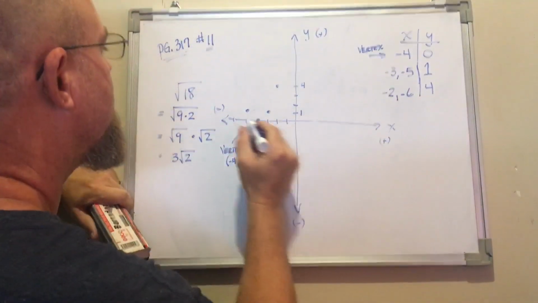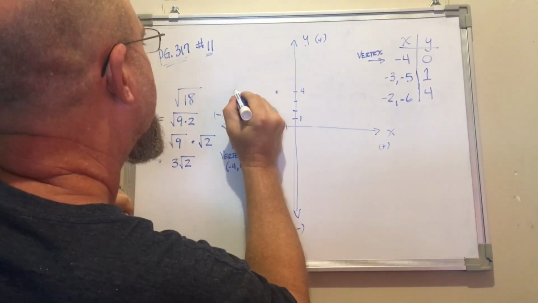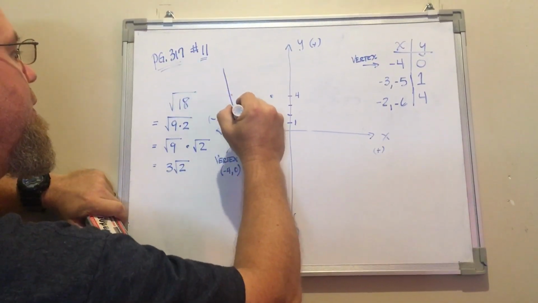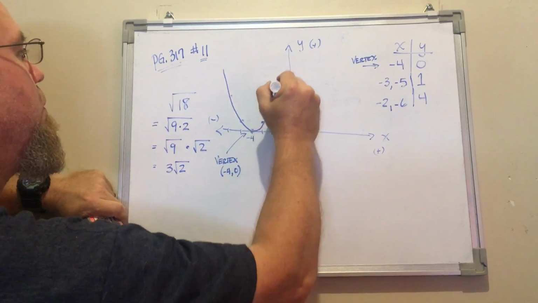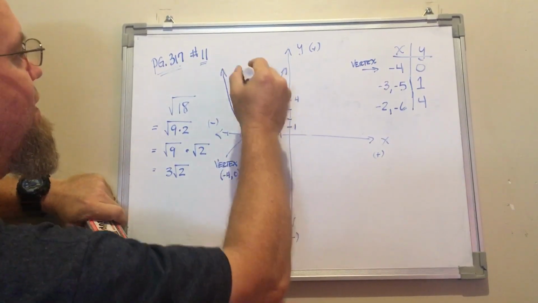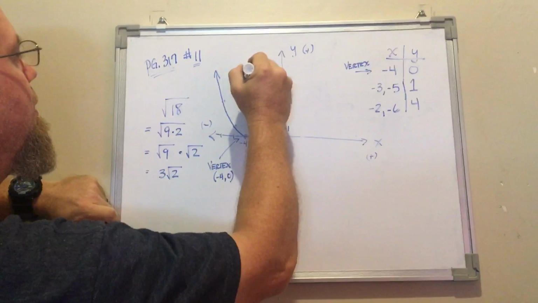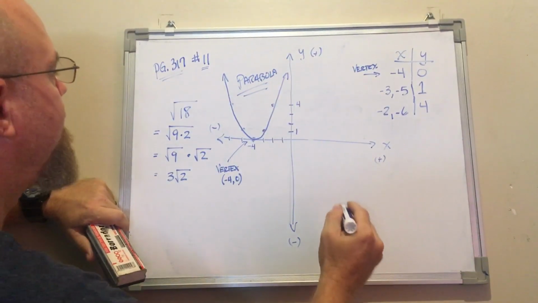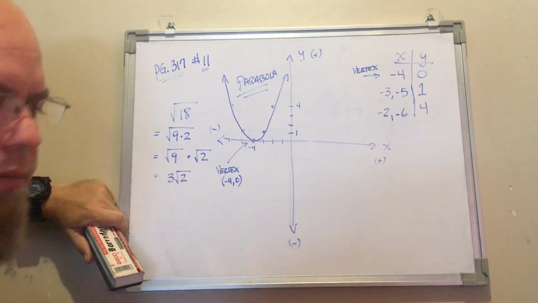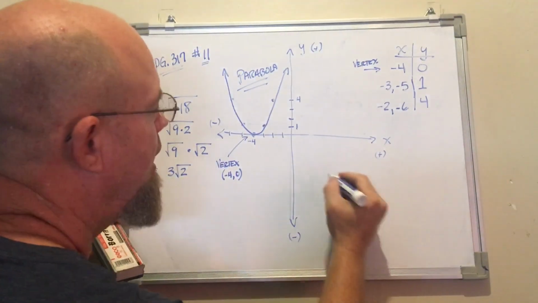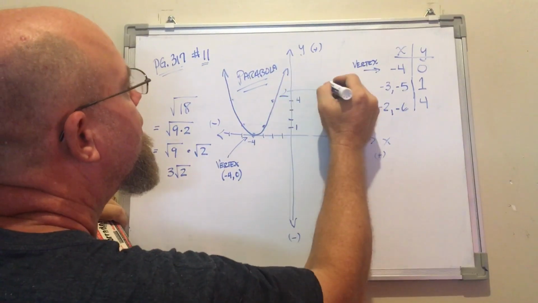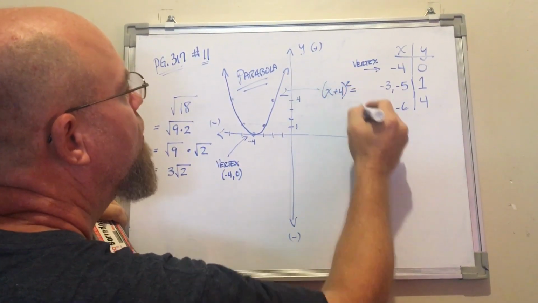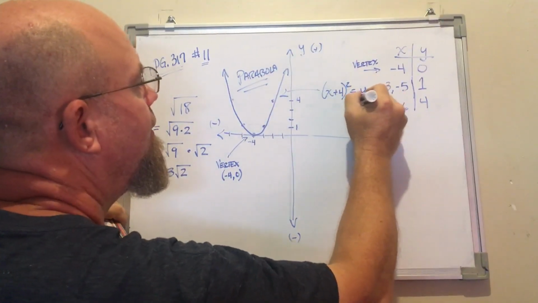And it's going to equal negative 6. So now there's our points, and we just go ahead and connect those. So this is the parabola, the graph of, where'd it go? What was it? Oh, of x plus 4 squared equals y.